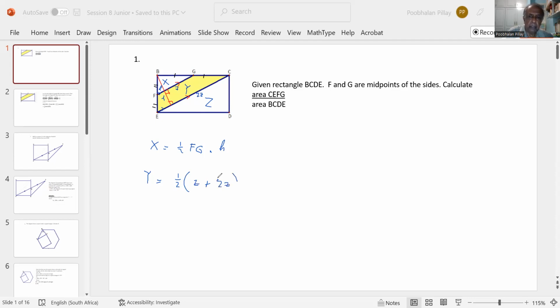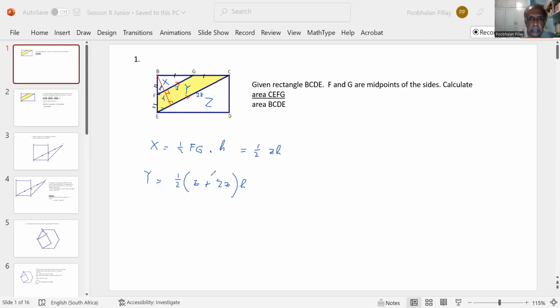And what is the height between these two lines? We just saw that it is h, right? So x is equal to a half. We said FG was z. So this is zh. Okay.